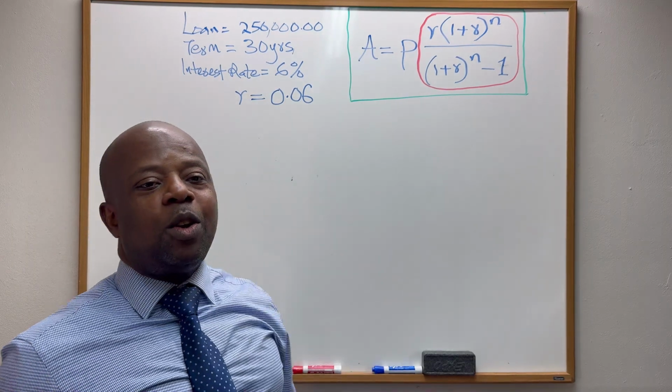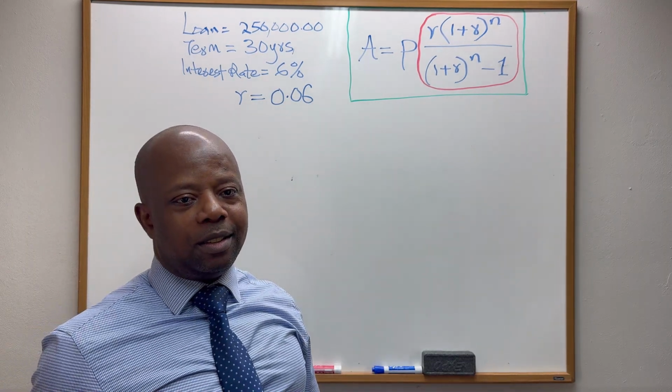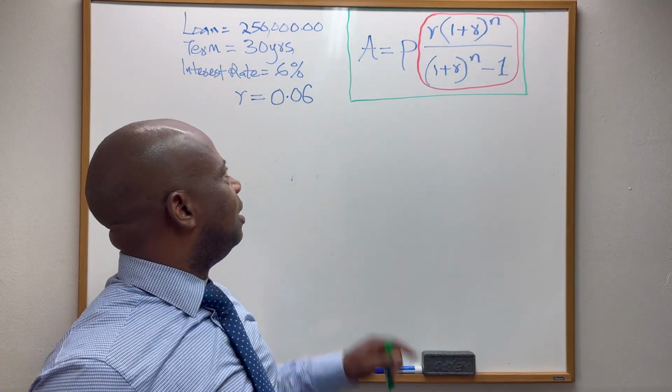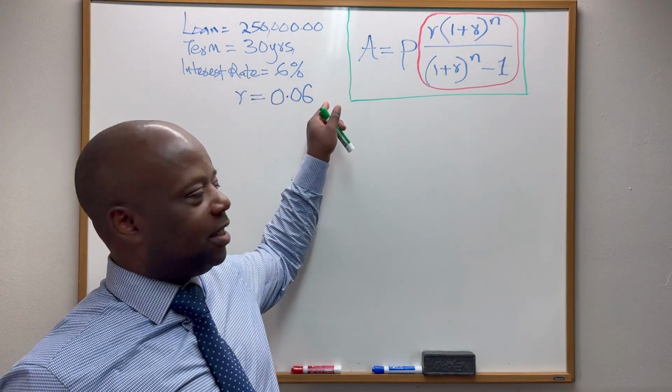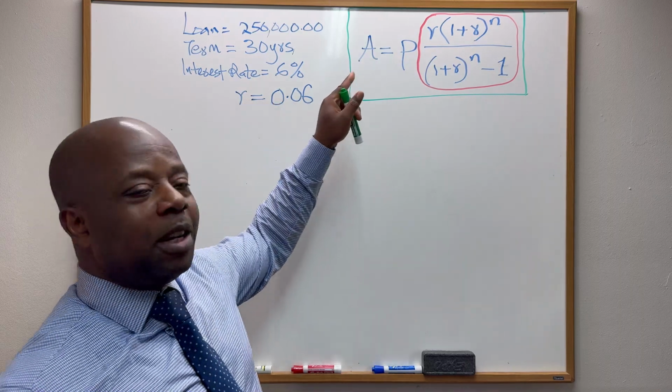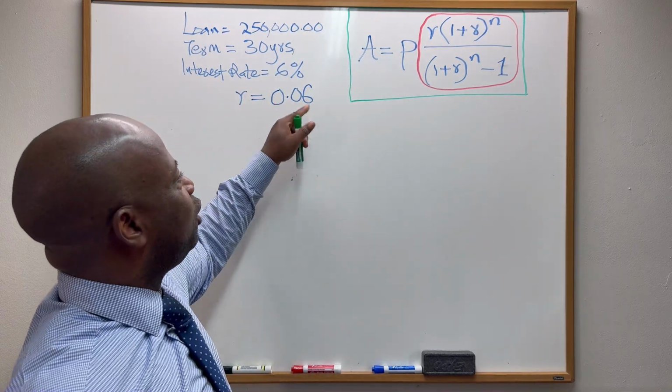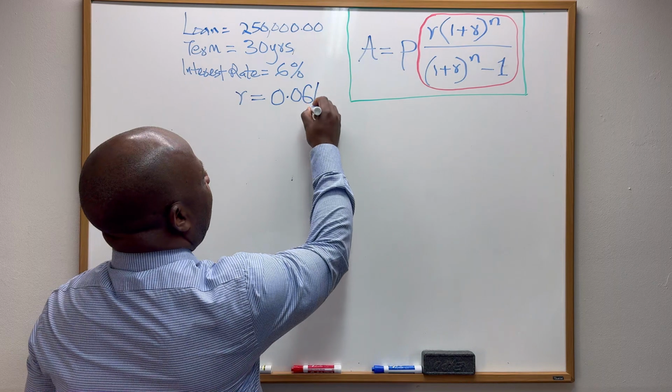And since our calculation is monthly, the interest rate is usually given on a yearly basis. So the monthly rate will be 0.06 divided by 12.